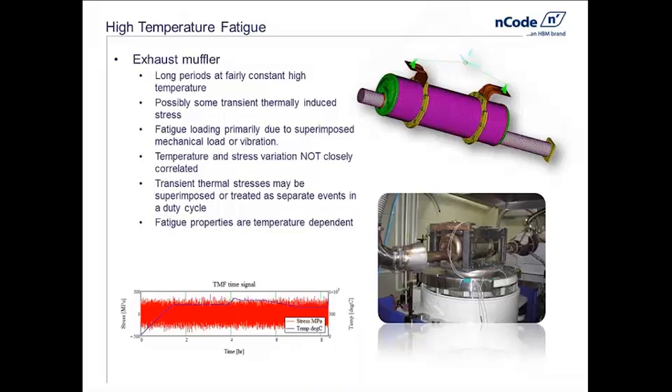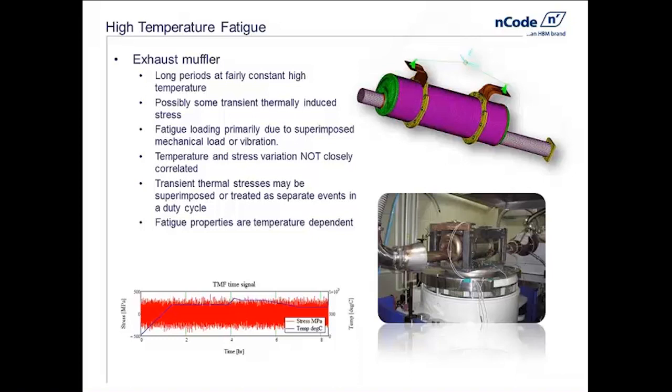Here, the thermal transient and the mechanical vibrations aren't really coupled, and temperature is, in essence, influencing our fatigue properties. It's not causing the stresses that will cause fatigue, but it is influencing the fatigue properties that will be used in the calculation. So what we need to do is identify, for a given cycle, what the actual temperature was and use that in our calculation.